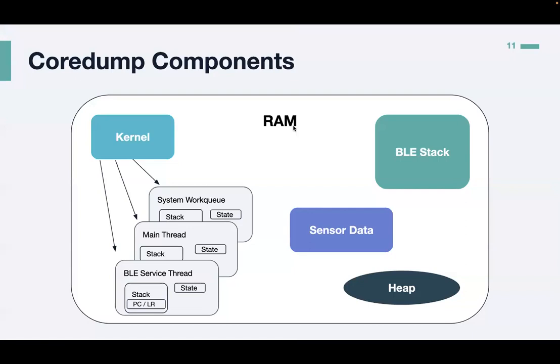So what the heck is even contained in a Coredump? The real key thing to remember about Coredumps is that they are composed of different regions of memory, or RAM.